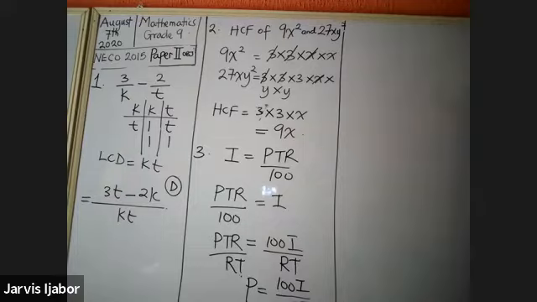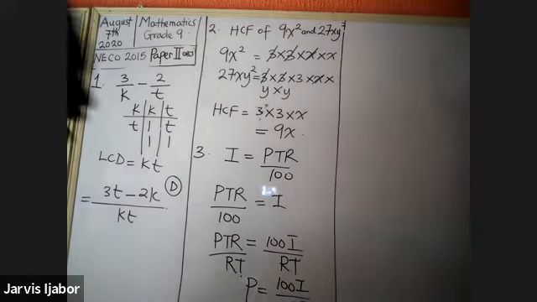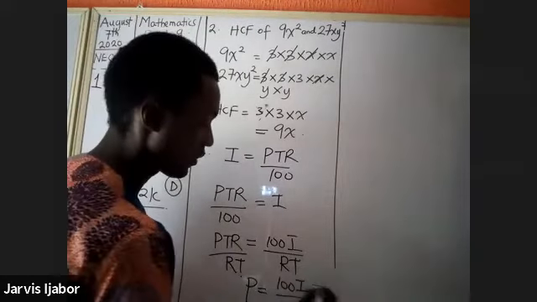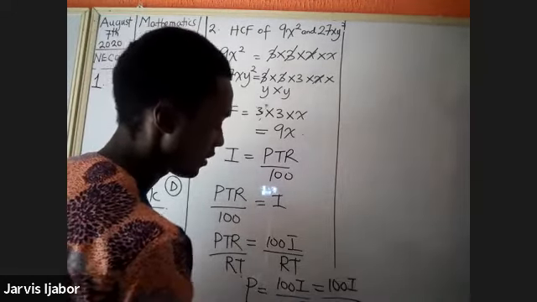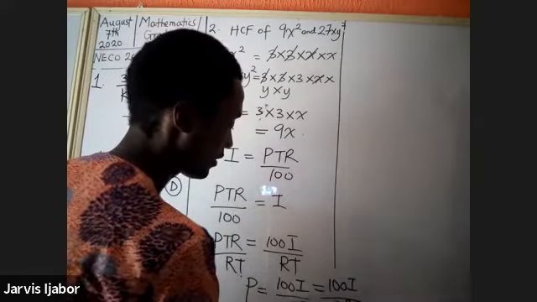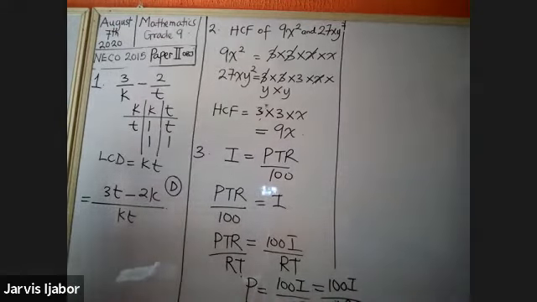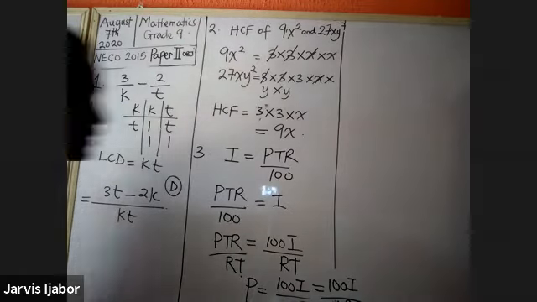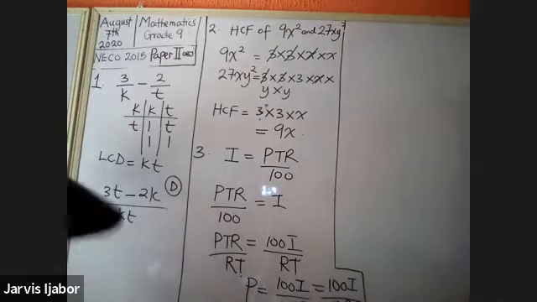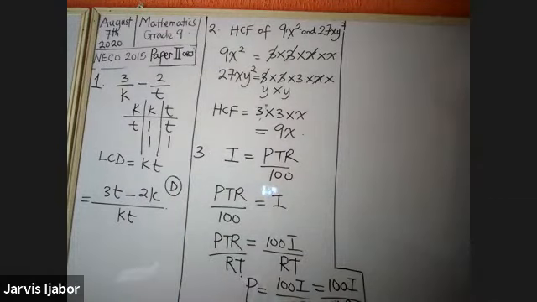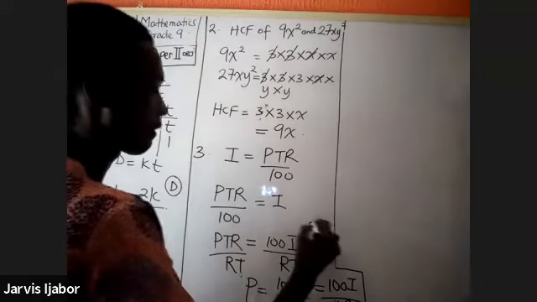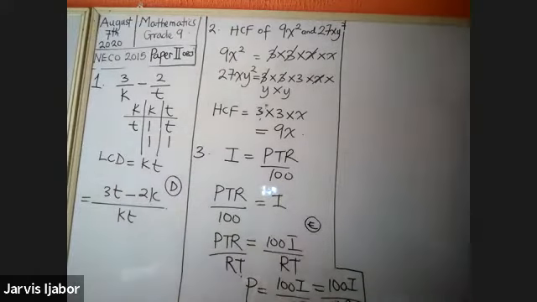Funny enough, the one that looks like the answer here is even E: 100I over TR. So whether you write this or you write this, the answer will be the same. Is that clear? So that option is E. Question 2, the option is B.